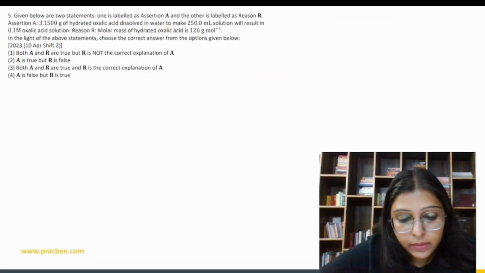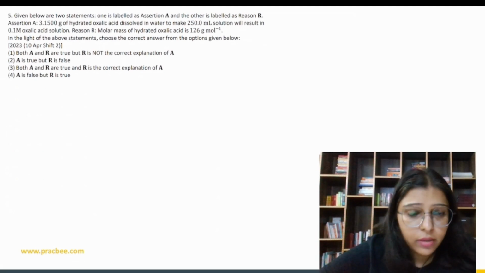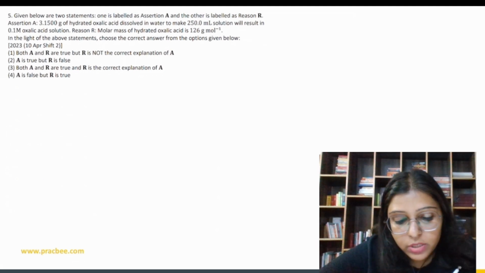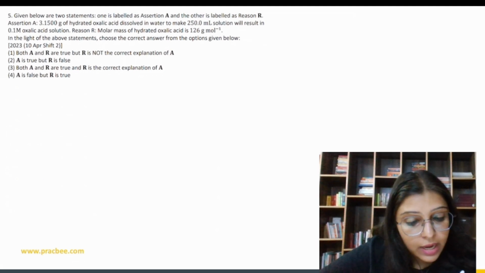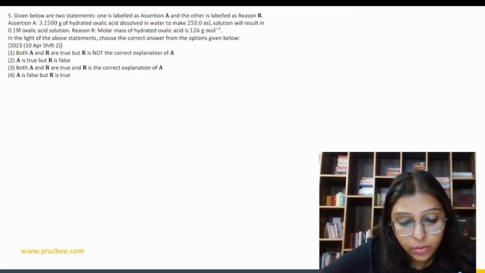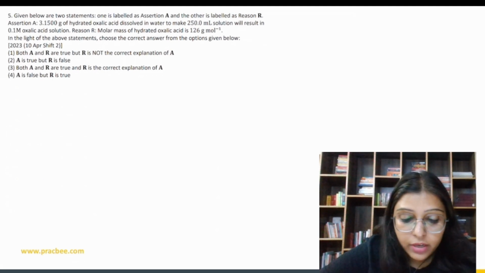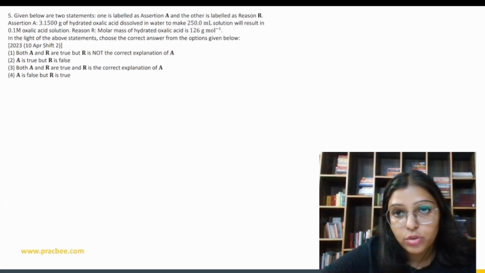So this is a theoretical, or we can say assertion reason question. The question says, given below are two statements, one is labeled as assertion A and the other is labeled as reason R. Assertion A: 3.15 gram of hydrated oxalic acid dissolved in water to make 250 ml solution will result in 0.1 molar oxalic acid solution.